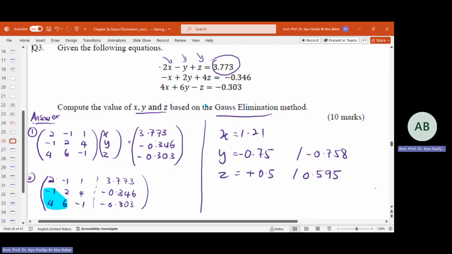Okay, so it's in the range. Both answers I will accept. It's in the range. As long as it is in the range. Unless, let's say, for y you get negative 1.75, then that is totally wrong.